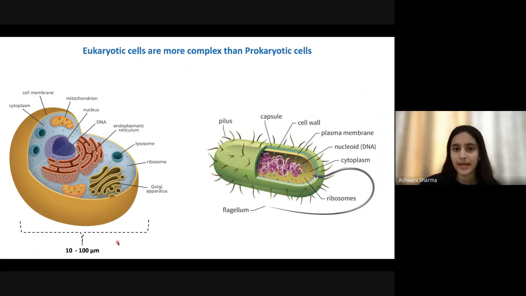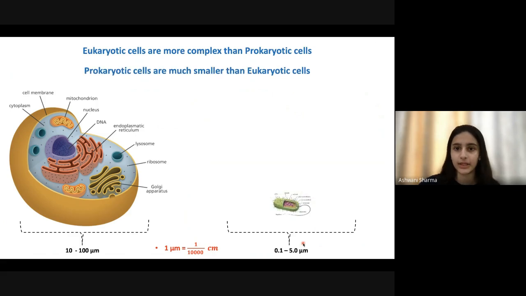If you don't know what a micrometer is, it's basically 1 by 10,000 of a centimeter, so it's really, really small. Whereas prokaryotic cells range from 0.1 to 5 micrometers. So prokaryotic cells are much smaller than eukaryotic cells.